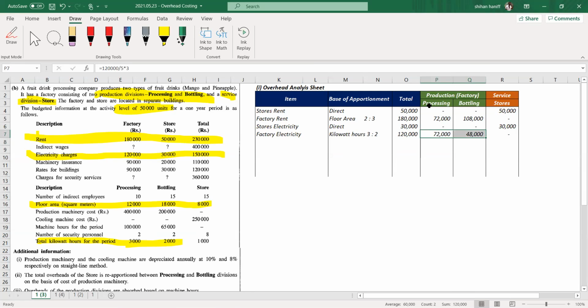That's how you divide factory electricity. Good.